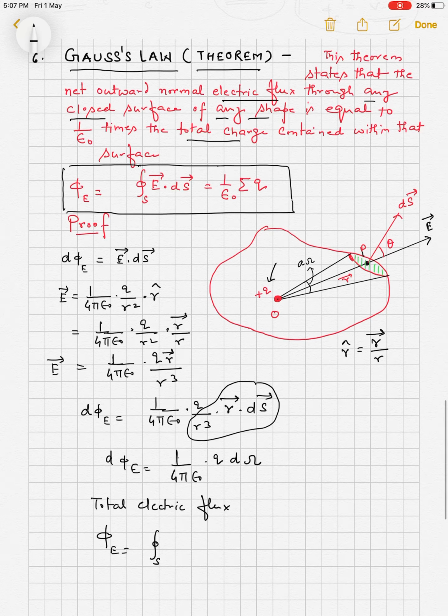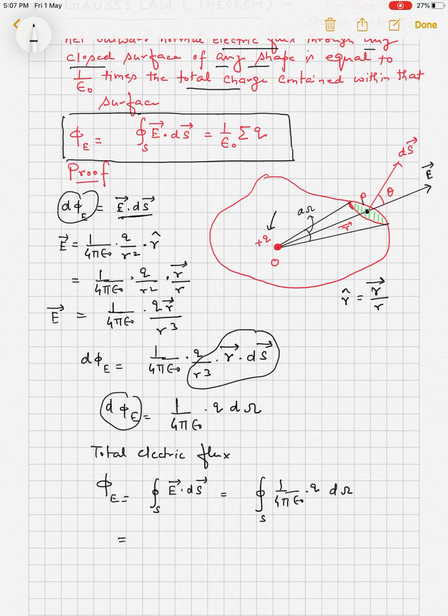So we will put here the integration over the entire surface of 1 upon 4 pi epsilon naught into q d omega. So this is taken out of the integration sign: q upon 4 pi epsilon naught into the integration of d omega. The integration of d omega is the solid angle due to the entire closed surface at any internal point O.